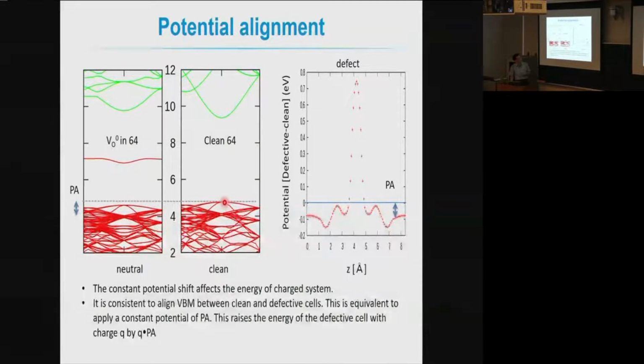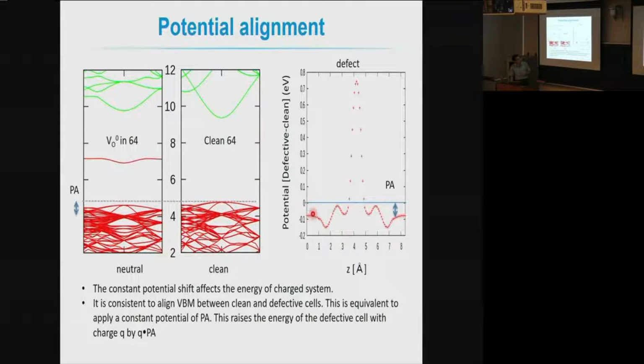And if you plot the potential difference between the defective and the clean cell with respect to the distance from the defect site, you can see that far away from the defect site, you still have a finite difference in the potential between the defective and the clean cell. It does not really converge to zero, right?